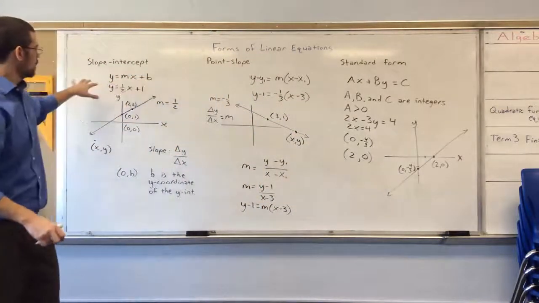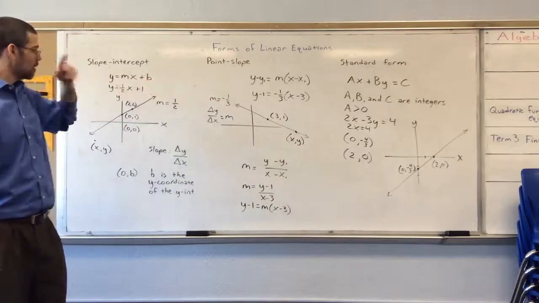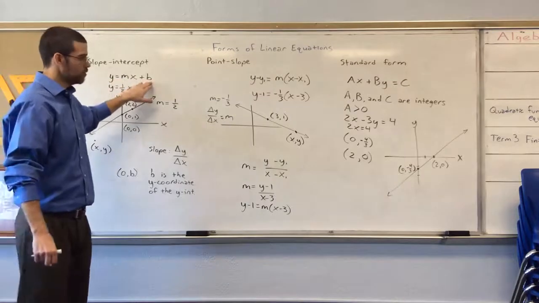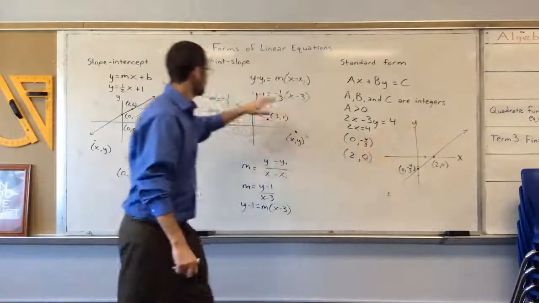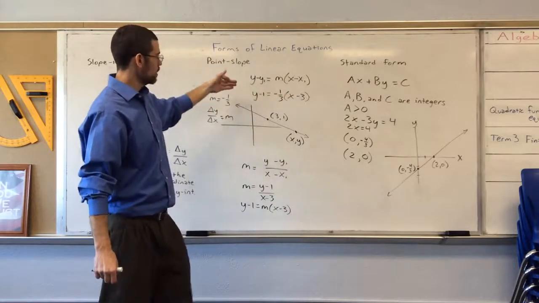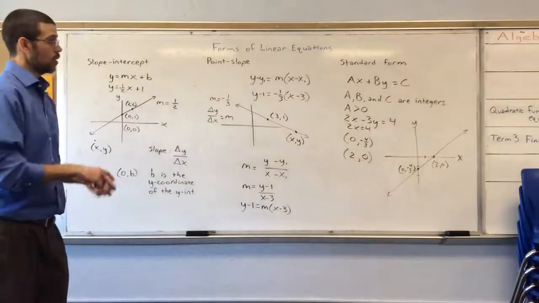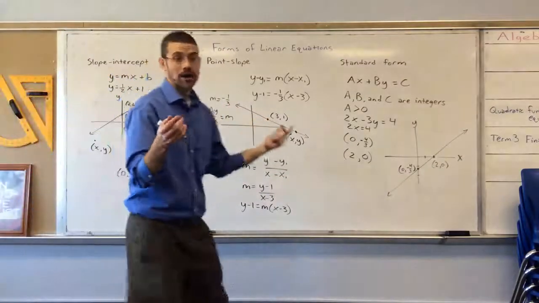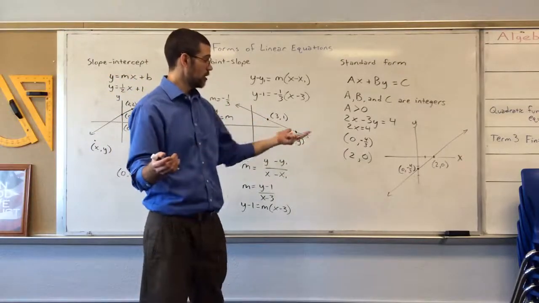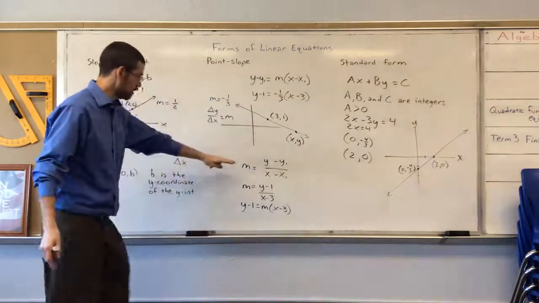Both of these have the slope built into it. And this one uses the y-intercept as part of it, and this one uses any point, so we could use either of those points in there, okay? But in order to find slope of anything, if you know 2 points, which we do, we can find it using this equation right here.